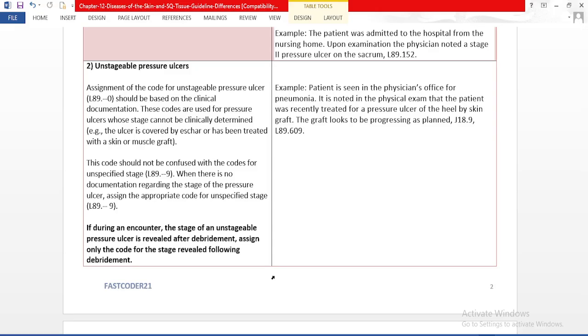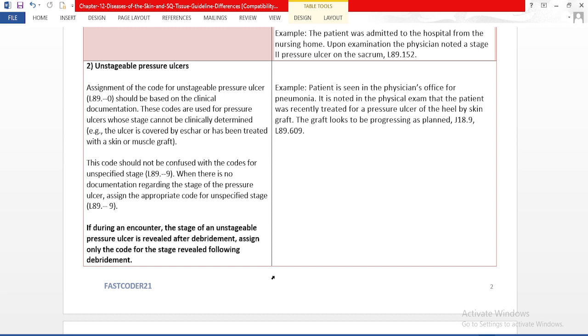Now we will learn how to code an unstageable pressure ulcer. Assignment of the code for an unstageable pressure ulcer should be based on the clinical documentation. So based on the documentation, we can code unstageable pressure ulcers. These codes are used for pressure ulcers whose stage cannot be clinically determined.